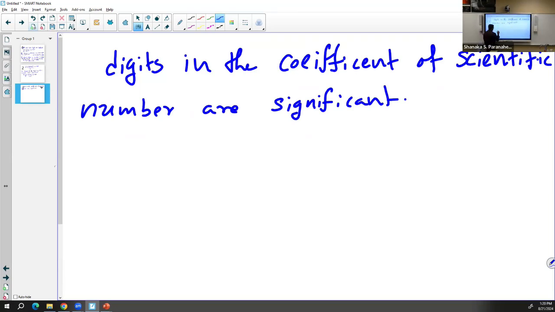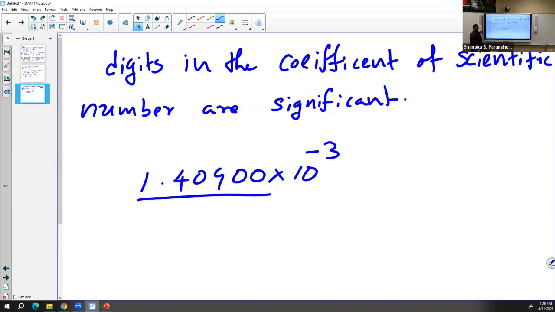So as an example, 1.4094000 times 10 to the power of -3. Now it's written in scientific notation, and this is the coefficient. All those digits are significant, whether it's zero or non-zero or zeros after a number. Normally we don't have a zero to begin scientific notation. So all these numbers are significant.